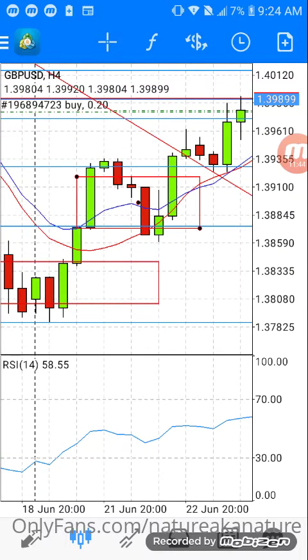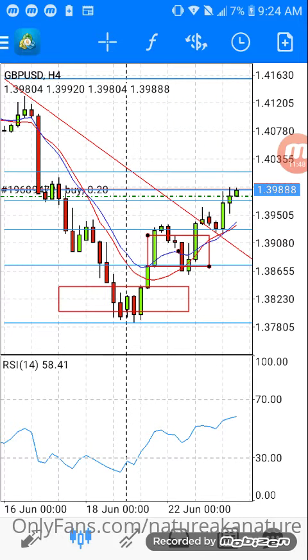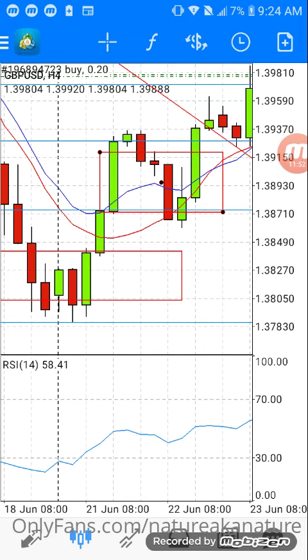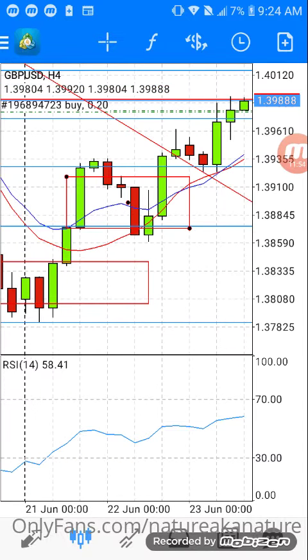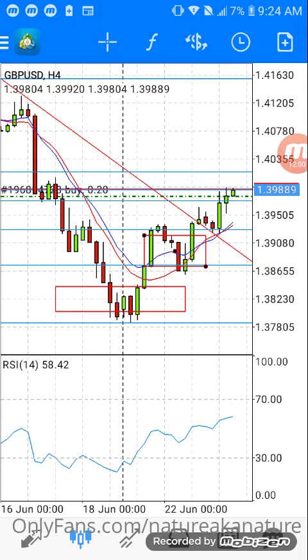This will be another little mini consolidation. Once price makes this green Marubozu candlestick and it breaks the consolidation box, we would have got in. That's how you figure out when to get in.